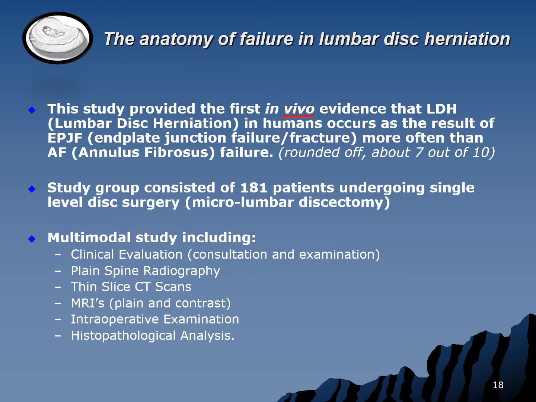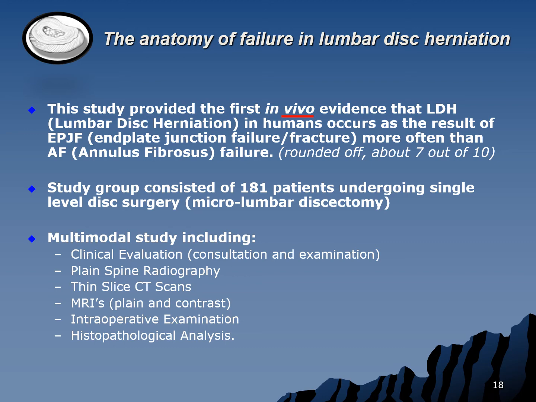All right, so what did they do here? This was the first study that provided in vivo, right? So there's two types of research, in vivo and in vitro, right? In vivo, whenever you see that, that means it was done on living specimens. In vitro, on cadavers.